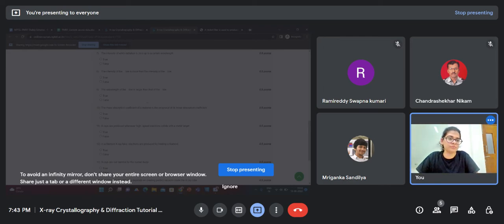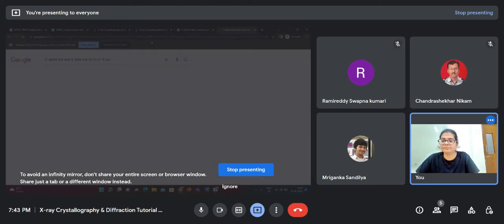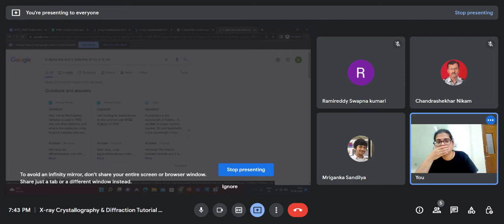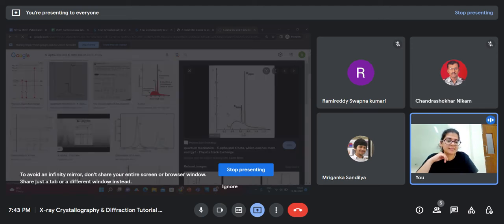If you see, I will show. I don't have any board. This type of graph, if you are remembering, he might have explained. On the y-axis this is intensity and this is wavelength.